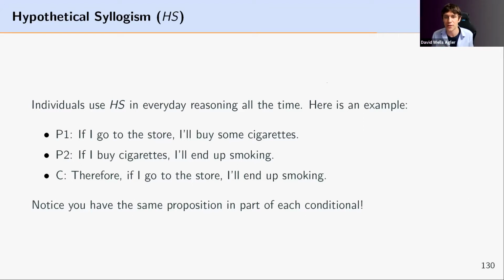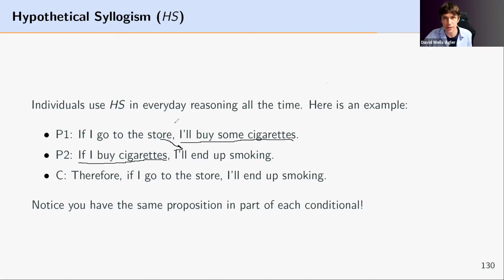Well, if I go to the store, I'll end up smoking. And so you see again that 'I'll buy some cigarettes' is the consequent of the first conditional and the antecedent of the other conditional. And so we can link these two parts together. We can reason to: if I go to the store, I'm going to end up smoking.